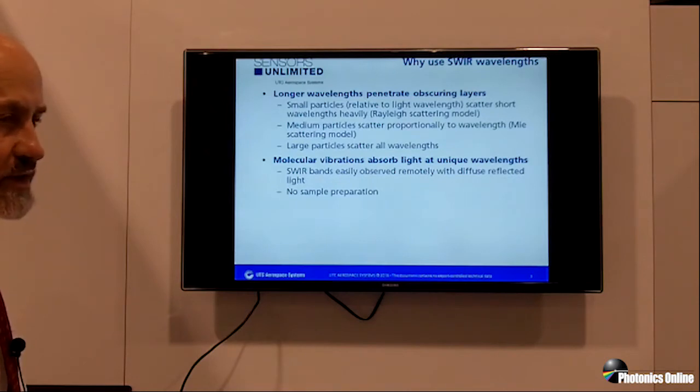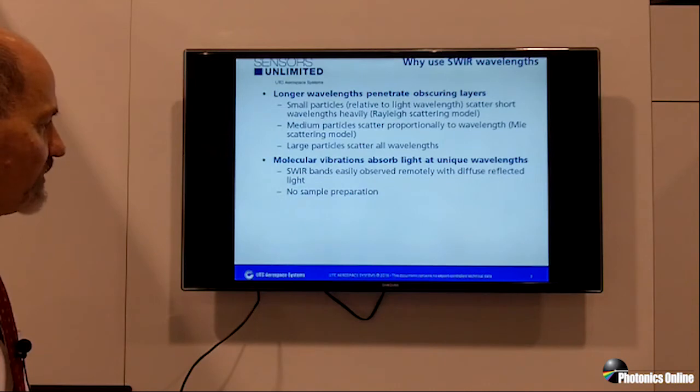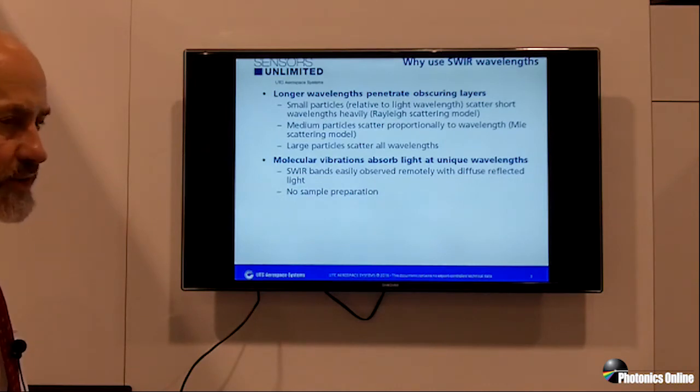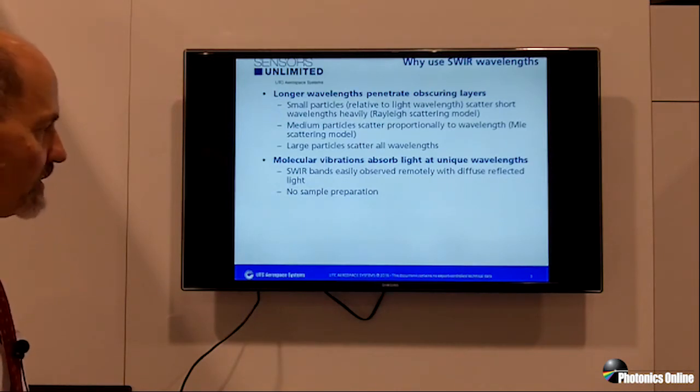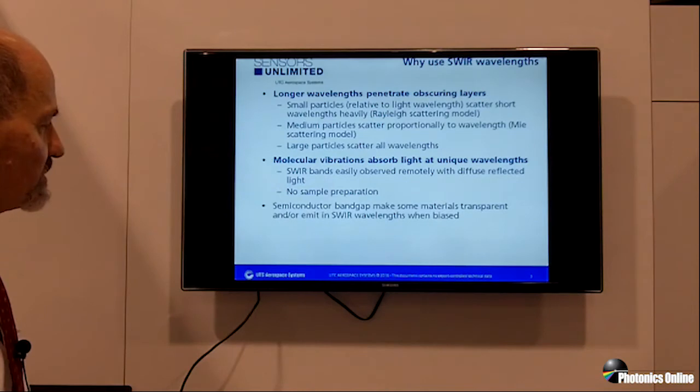It has an advantage compared to FTIR, which is used in midwave, that there's rarely any sample preparation needed. So SWIR is very adaptable to the industrial sorting process.